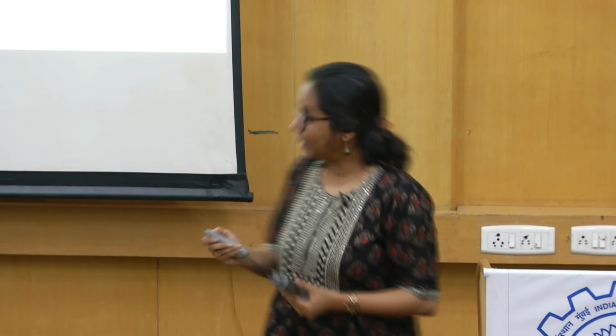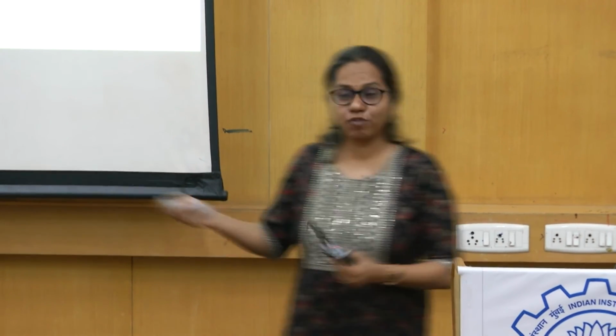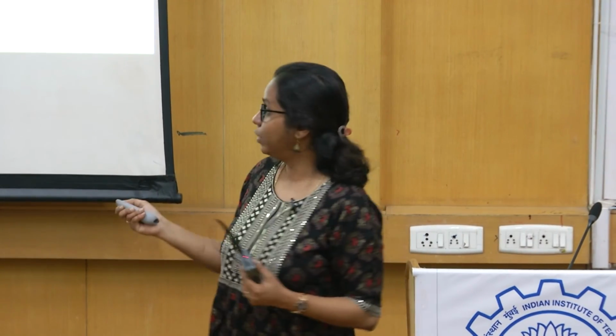You write packet processing code in this framework called eBPF, which gets compiled and verified and then loaded into the kernel. So this is not like hacking the Linux kernel to do packet processing. This is much safer. You are guaranteed that this eBPF code will not crash the kernel, because there is a verifier step that ensures that the code you're writing is safe, and it can be dynamically loaded into the kernel.